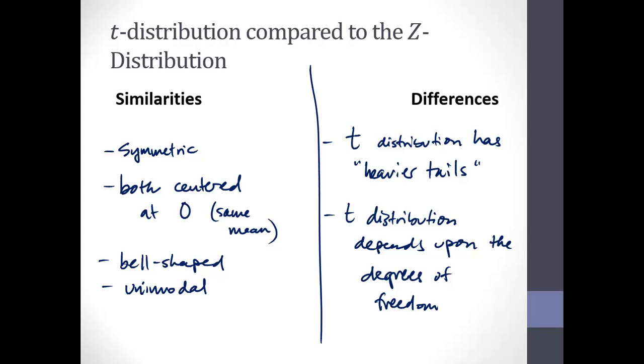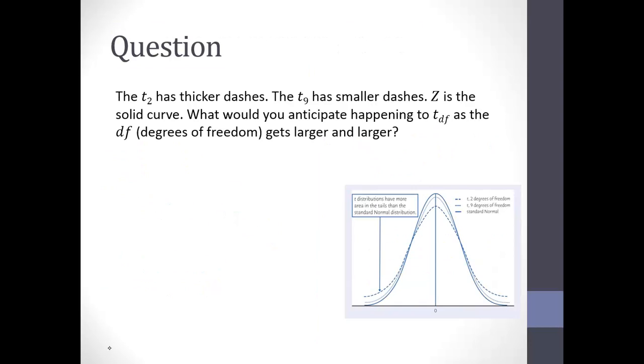Okay, so again, these two things are very similar, but they are slightly different, and so we want to make sure to pay attention to these differences and do something about them. Keeping your eye on that same picture, you can see that the t distribution with 2 degrees of freedom is the one with the thicker dashes, and that has heavier tails.